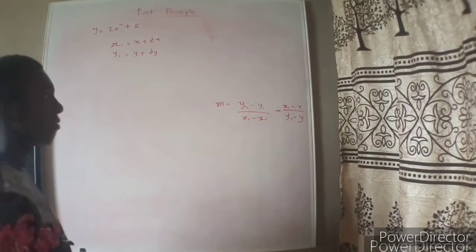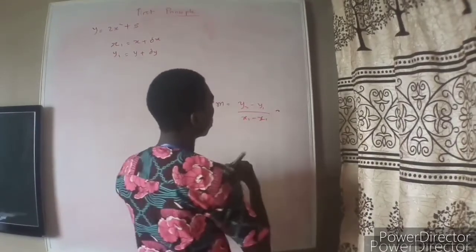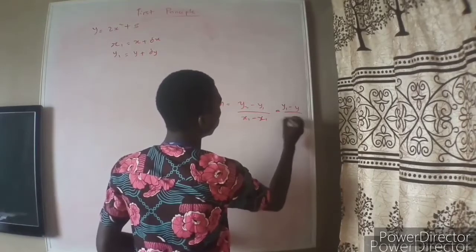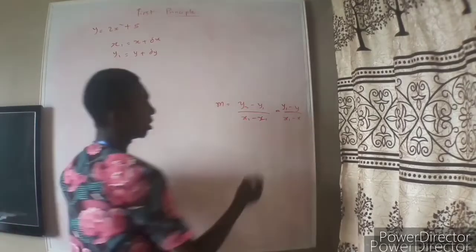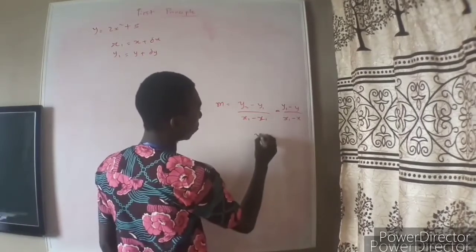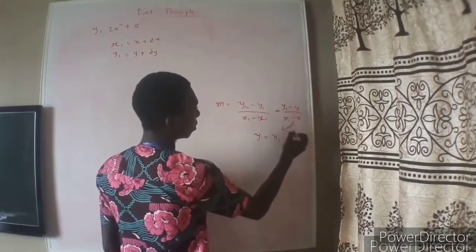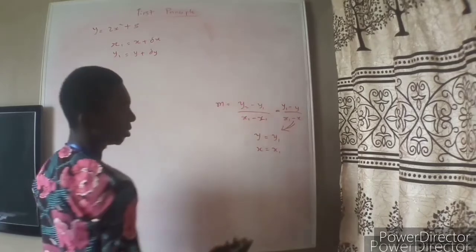I can have it. So definitely this thing is also equal to y1 minus y over x1 minus x. They are still the same thing. So actually I can say in this place my y is replacing my y1, and in this place my x is replacing my x1. I hope that is clear.